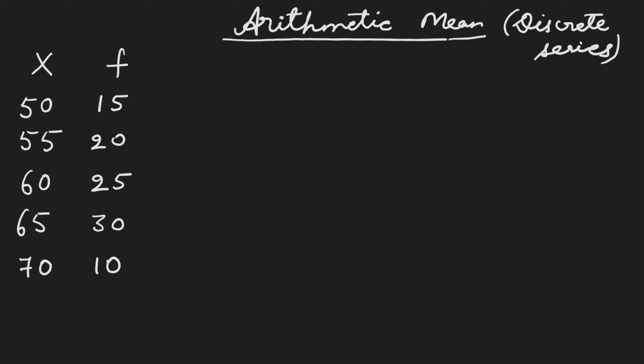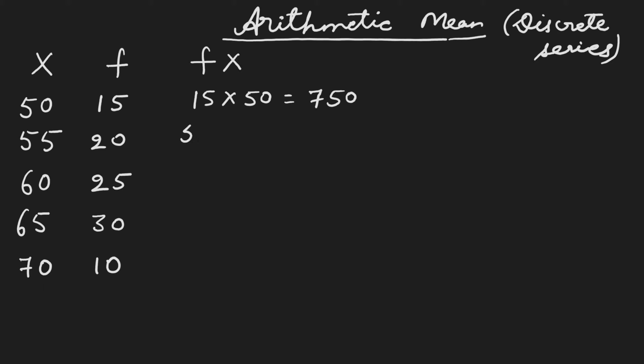First of all, what will we do? We will multiply this f, means frequency, with x. So it means 15 multiplied by 50 is equal to 750.